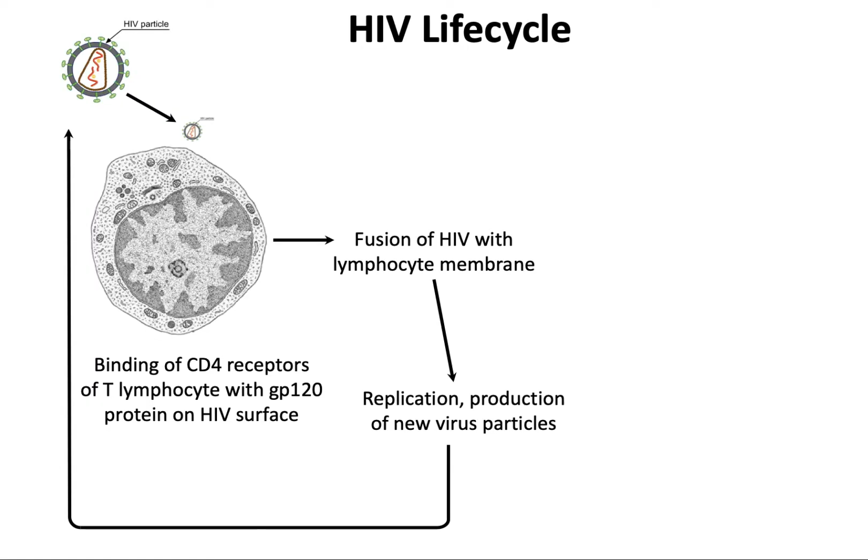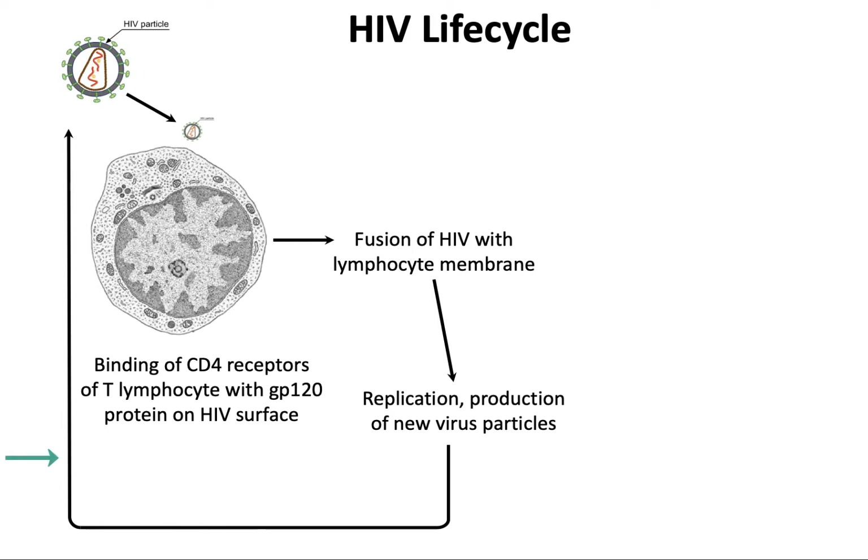Of course, it can be transmitted through bodily fluids, either by sexual means or through blood transfusions and secretions. So the first thing it does is it attaches to the CD4 receptors on T lymphocytes. That's the GP120 protein that attaches. And it fuses with the membrane and then starts replication, production of new virus particles from there.